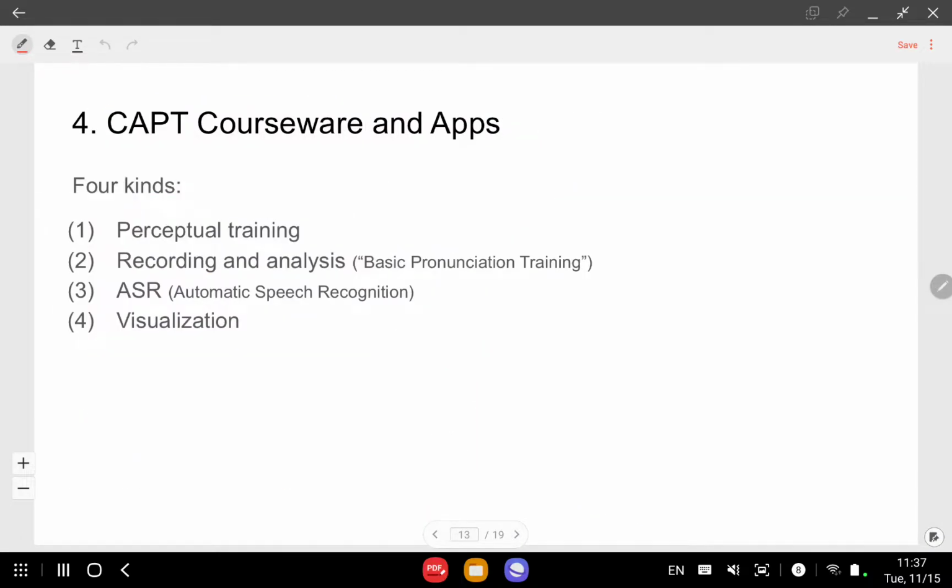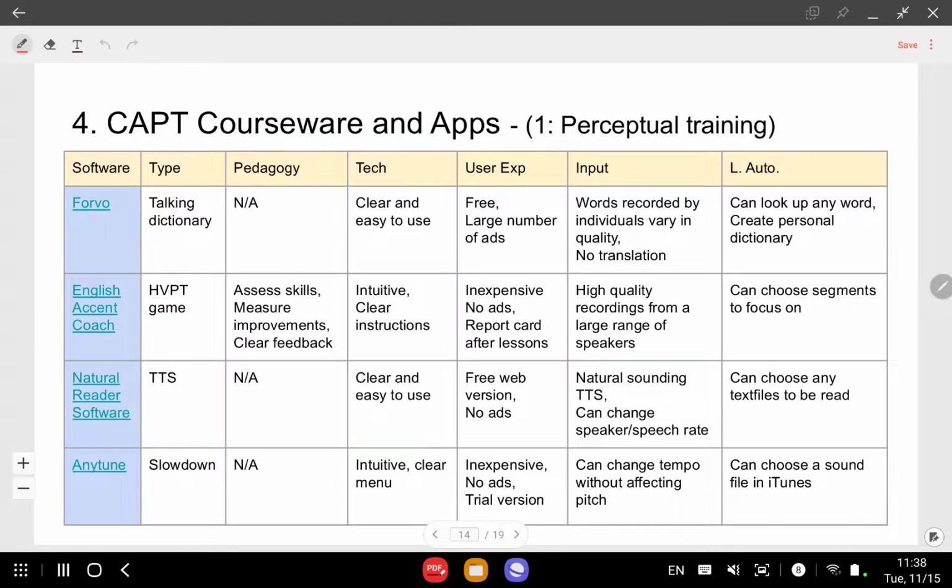We now turn to examples of CAPT courseware and apps, and there are 4 kinds: perceptual training, recording analysis, which is called basic pronunciation training in the book chapter, the third would be ASR, automatic speech recognition, and the fourth would be visualization. So let's look at them in tables. It's a good summarization of it.